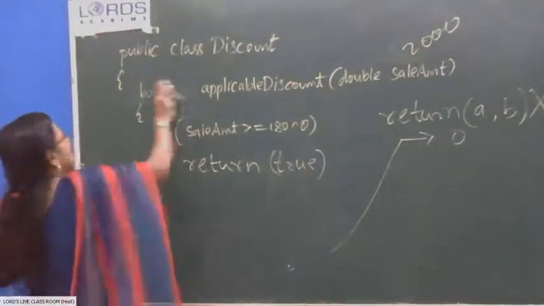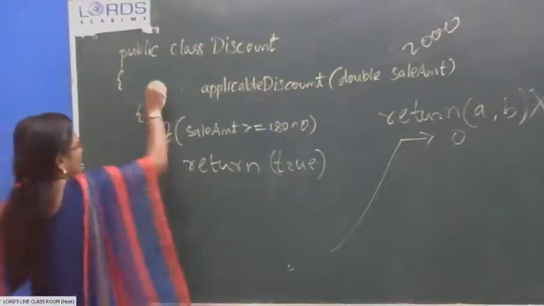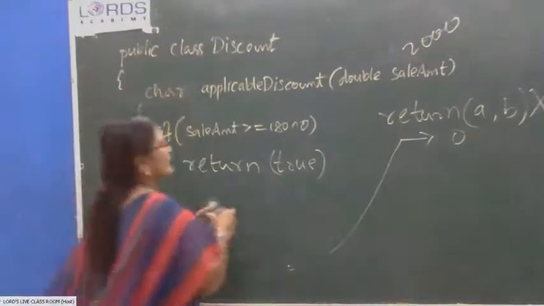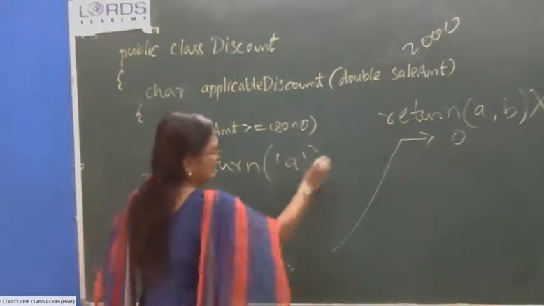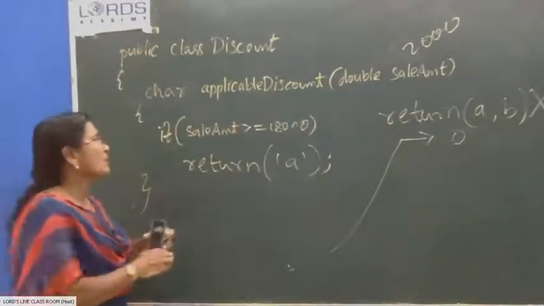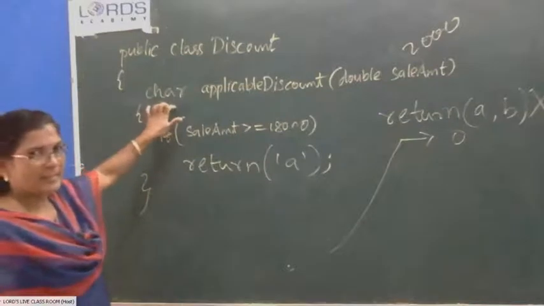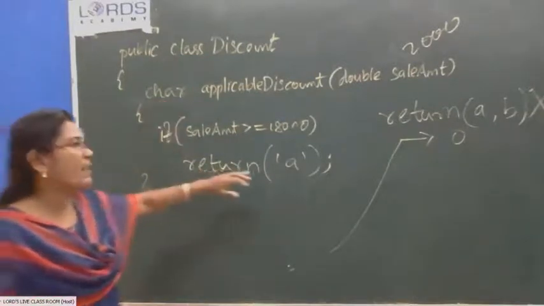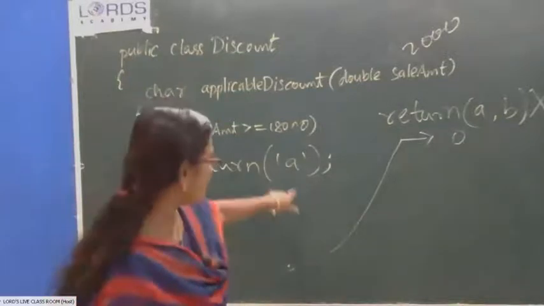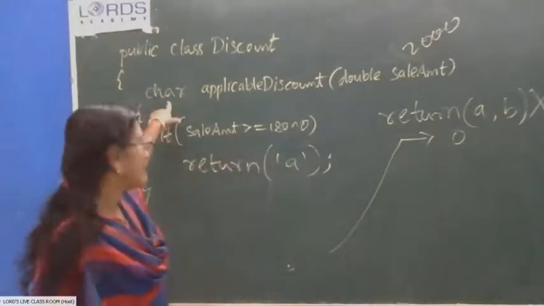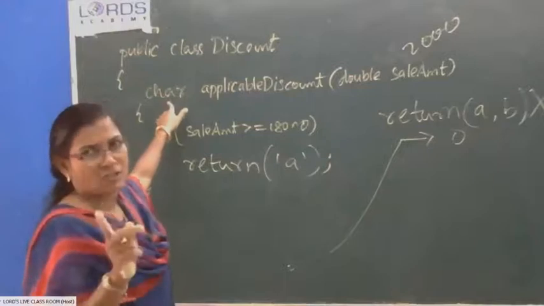If it is character type, a single character should be given. Single character, whatever it is. Whatever data type is specified here, that kind of value you have to use in the return statement. The value specified and the data type given should match.